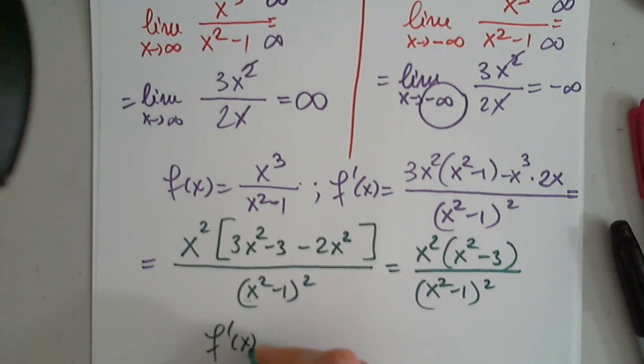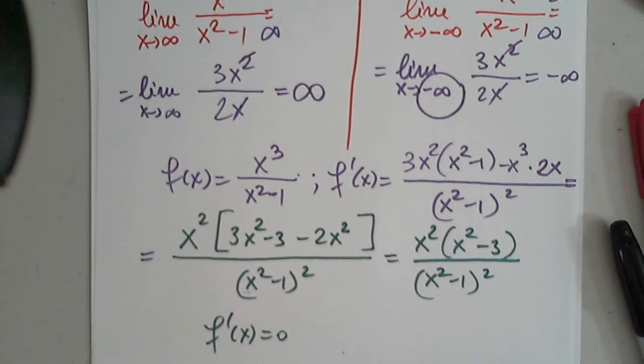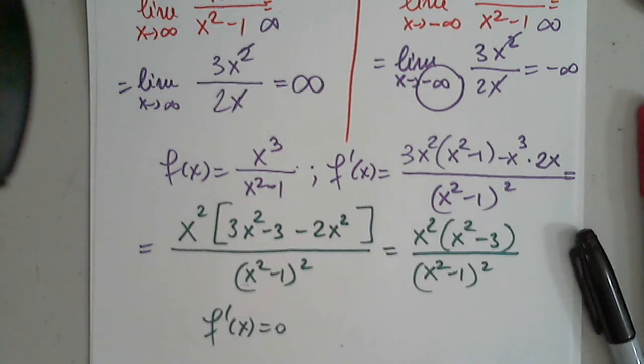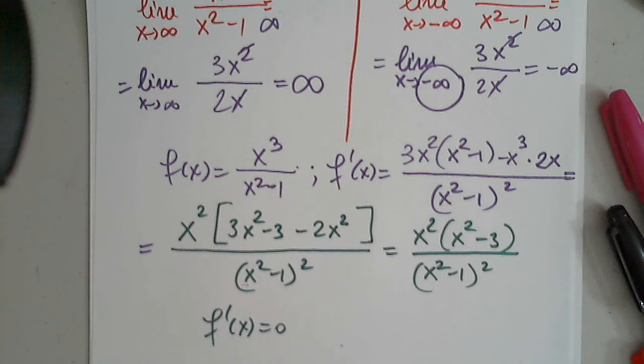Can the first derivative be 0? Can anyone help? When can the first derivative be 0? Alex? Noor?